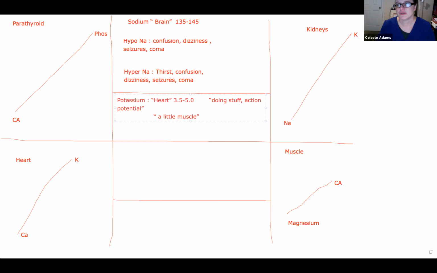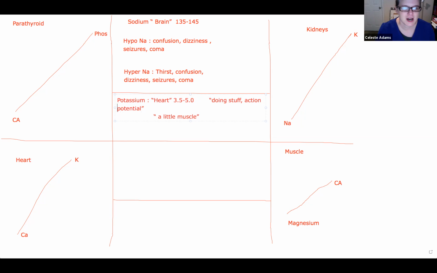Just in case they don't have any cardiac symptoms in the question, that's what I want you to think of when you think of potassium, as a second go-to. So potassium: a little heart and a little muscle, doing stuff, action potential.